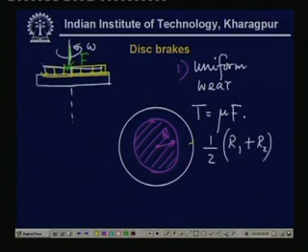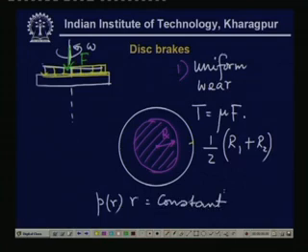Here uniform wear means that P, the pressure distribution, which is a function of R only, times R is constant, whereas for the uniform pressure, P is constant. So, from these assumptions, this braking torque is taken to be this one.